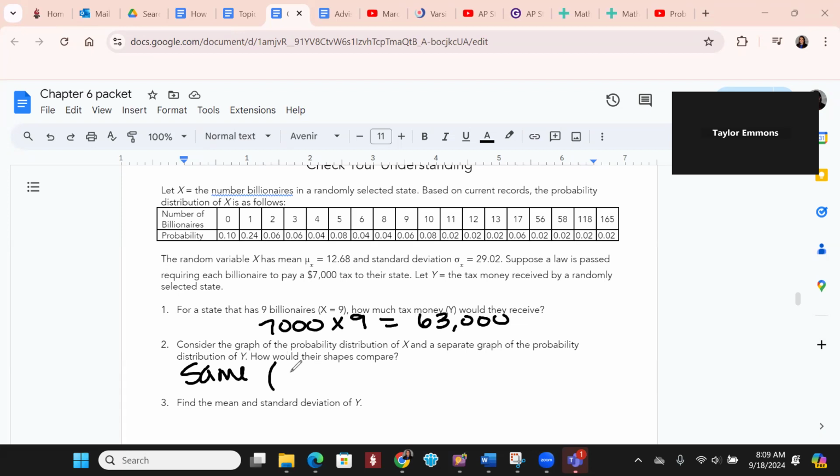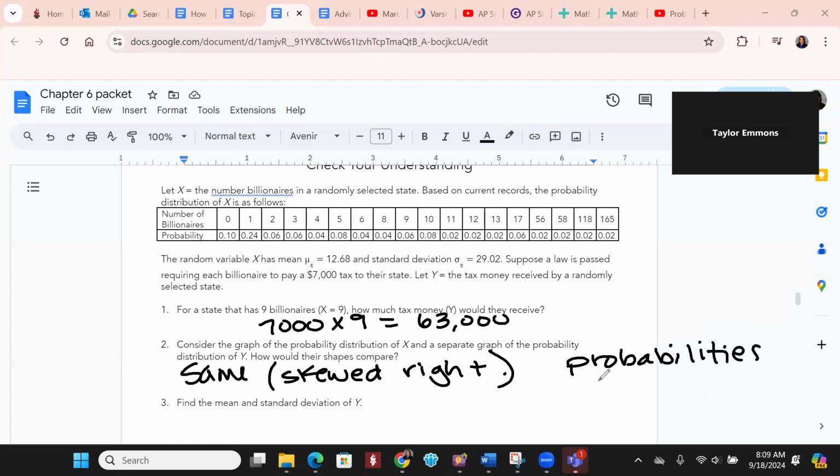What would the shape be? Okay, skewed right. So the probabilities would be the same, and their shapes would be the same, but they would be skewed right.